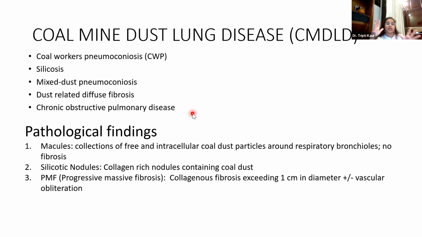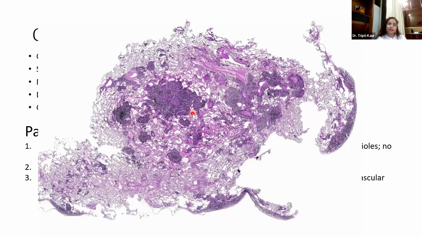It's basically a collagenous fibrosis area which exceeds 1 centimeter in diameter with or without vascular obliteration. So this is just to show you how a macule looks. It is not forming a nodule. These are just anthracotic or pigment-laden macrophages around the respiratory bronchioles.